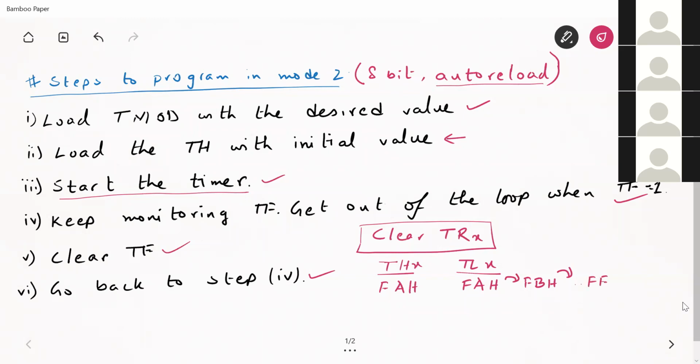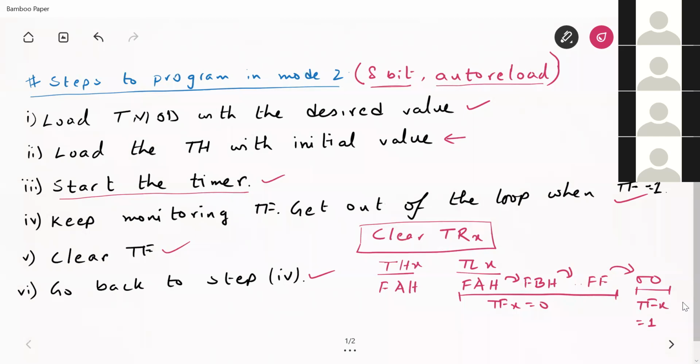Why? Because this is an 8-bit register. This is the main difference: this is an 8-bit timer. We are using only TL. Remember, we are not touching TH. So it will go up to FF. After FF, you all know it will go to 00. So for all this time, the value of TFx will be 0. And in this step, your TFx will become 1.